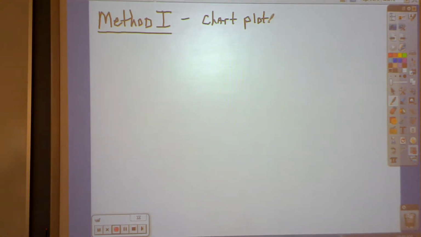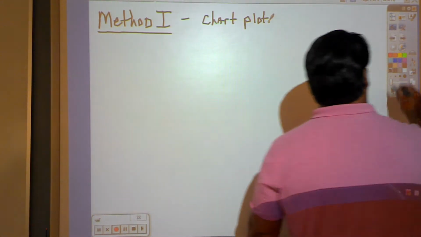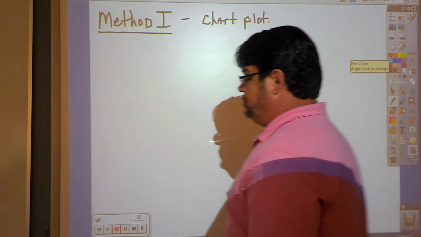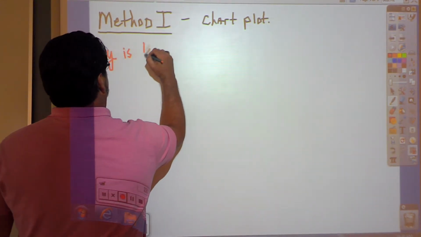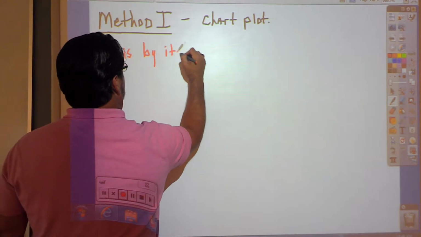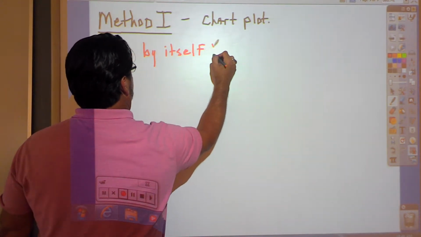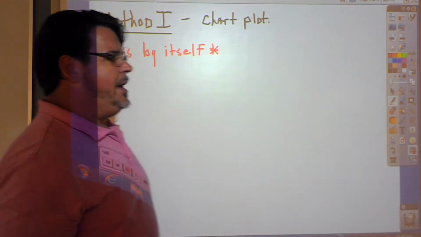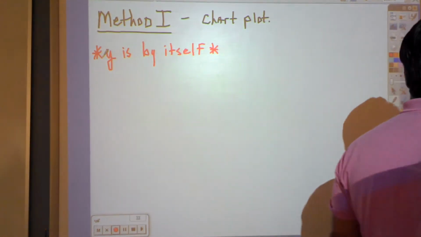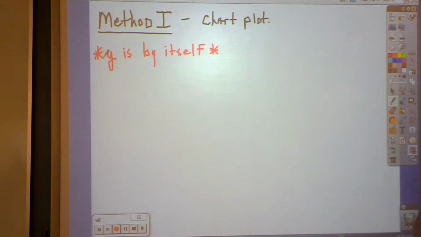That's what they call it. Now we'll put in red that you use this method when y is by itself. And this method is usually the method that everybody knows because they had it in at least pre-algebra.